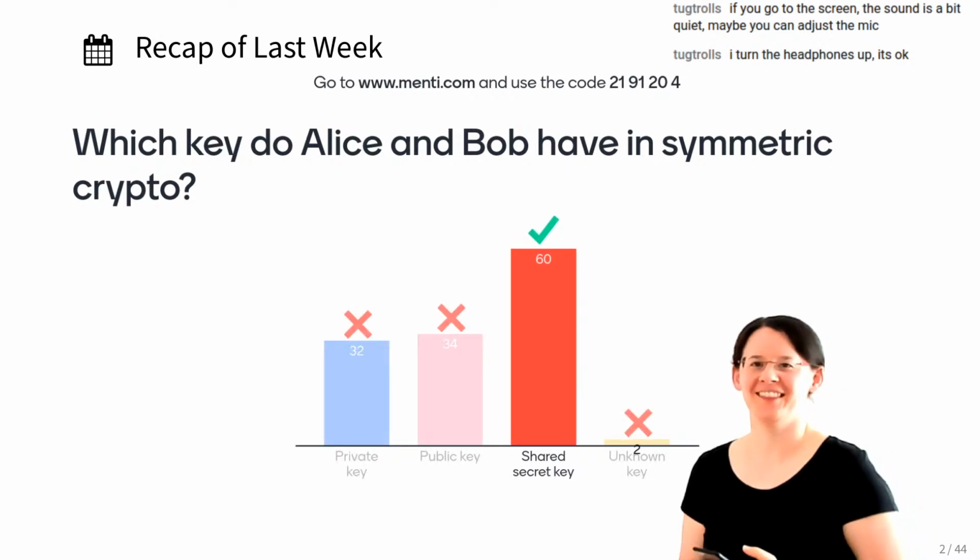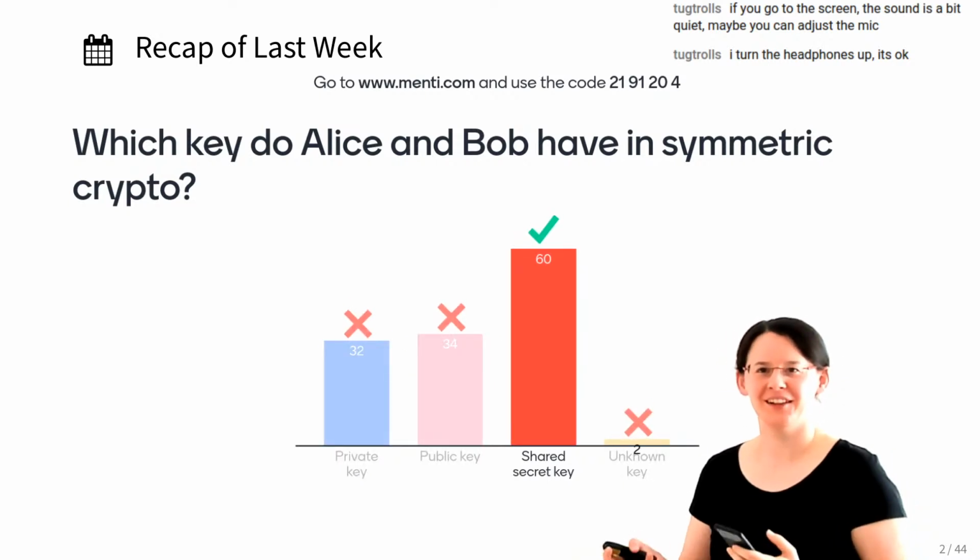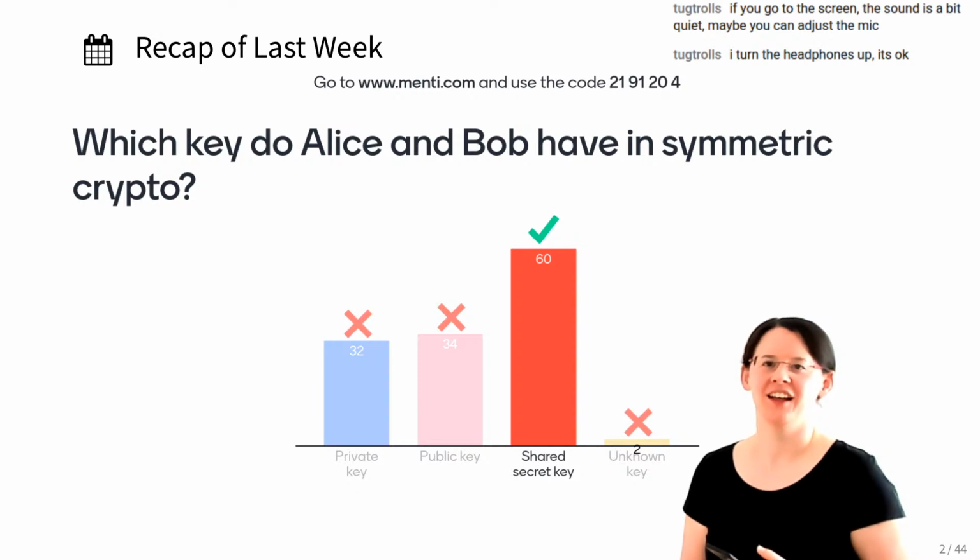Oh, okay. There was not a lot of agreement on that one, but still the majority got the right answer. So yes, indeed, a shared secret key is what they have.